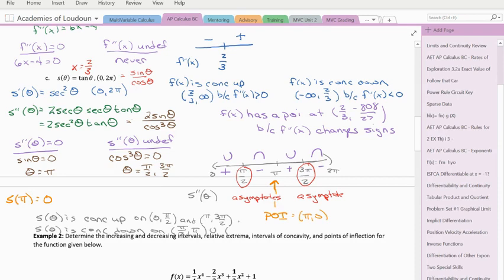And that's how I should have written the top one. And s of theta has a point of inflection at pi, 0.